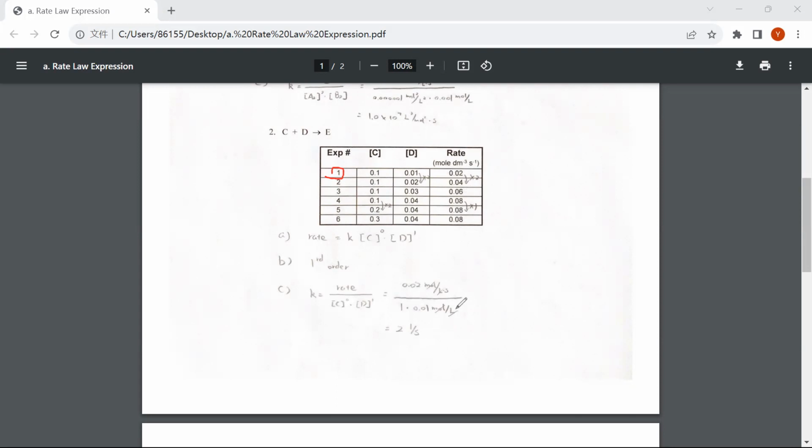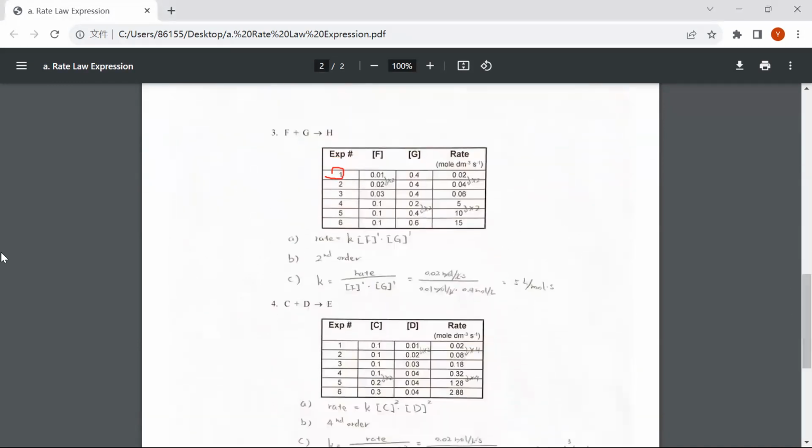And also we have to remember to calculate the units, which also have the power of the exponent. And we have to cancel out the units to give us the final units of K, which is 1 over S in this case.